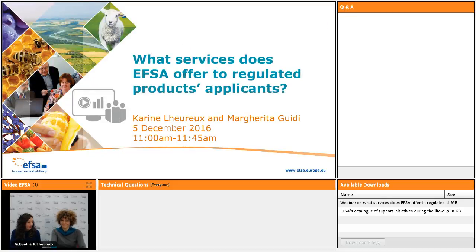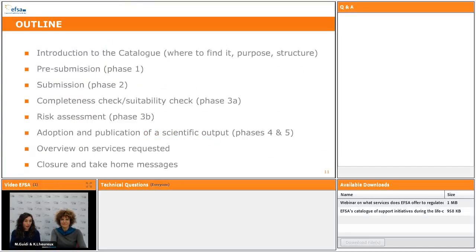So if we are all ready to start, I would start with the content of the webinar, and just to give you an idea of the outline of the webinar and of the presentation, we will start with an introduction to the catalog, explaining where you can find it, what is the purpose and the structure. We will then go through the different phases of the application's life cycle, the way we define them, the way we identify them.